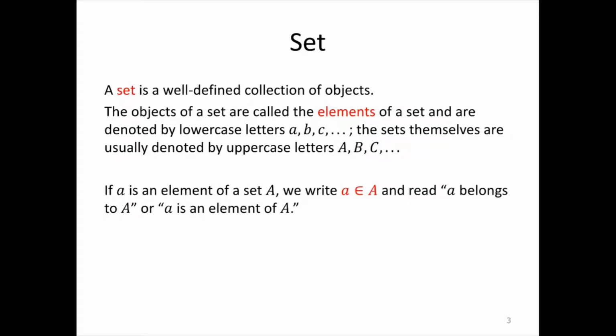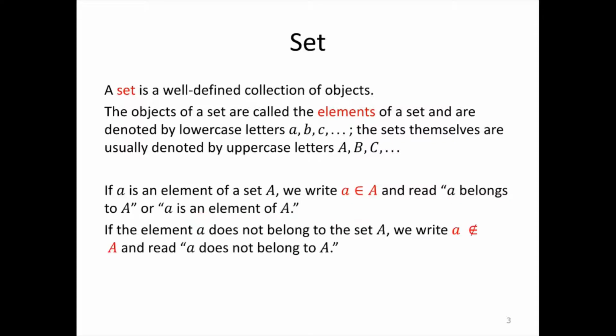So if we have an element a of a set A, we write it in this notation, and we can say either a belongs to A or a is an element of A. On the other hand, if we have an element which does not belong to the set A, we write it this way, and we read a does not belong to A.